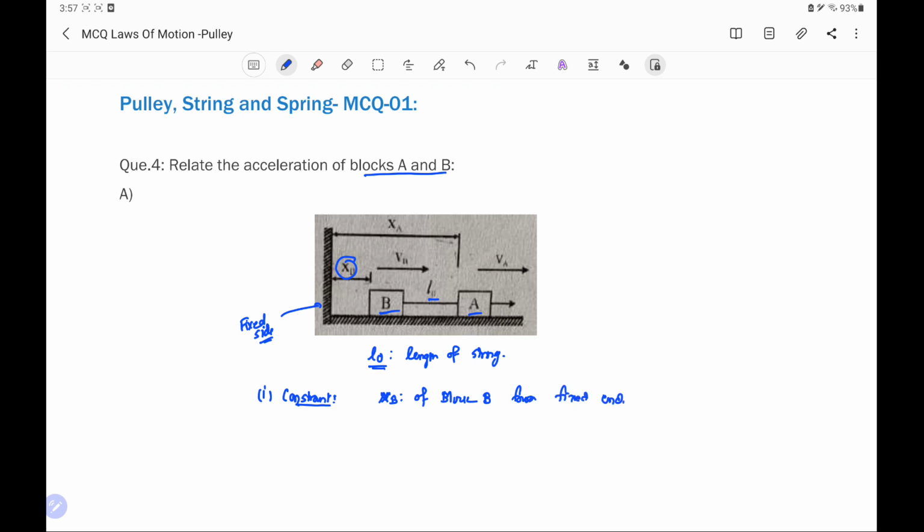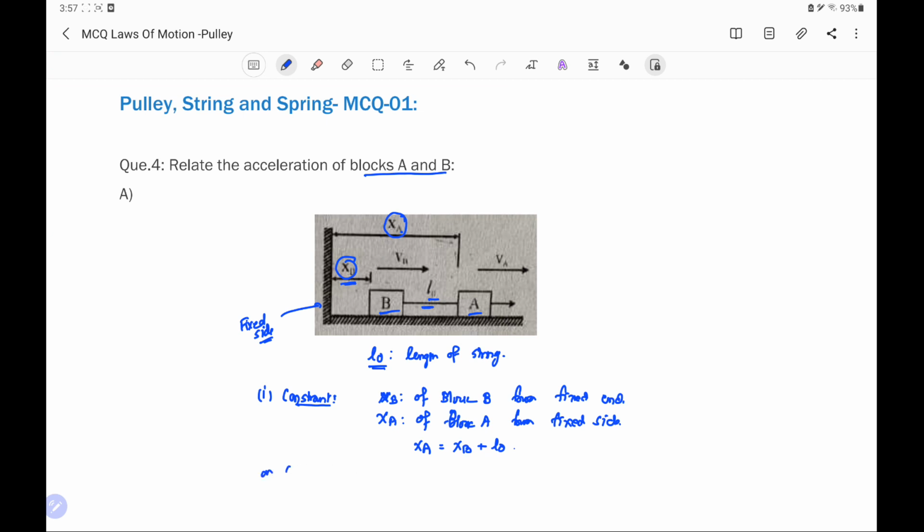Similarly, the distance of block A from the fixed side is xa. Therefore, in terms of xa and xb, we can write xa equal to xb plus L0.